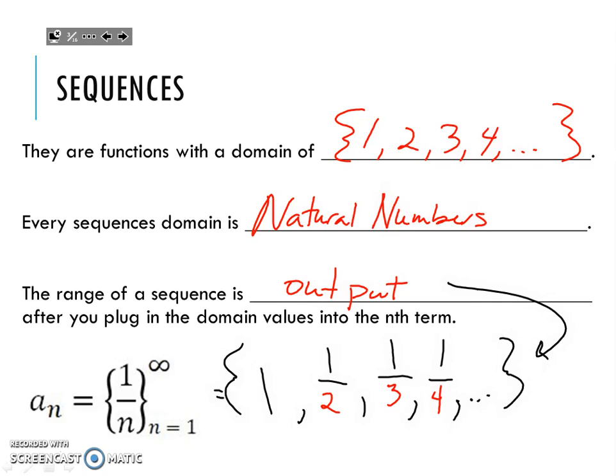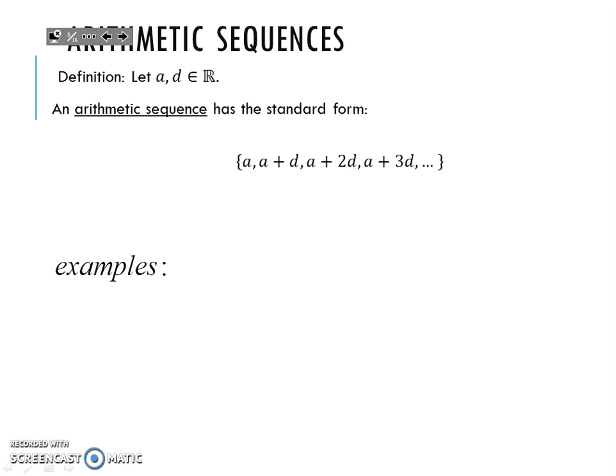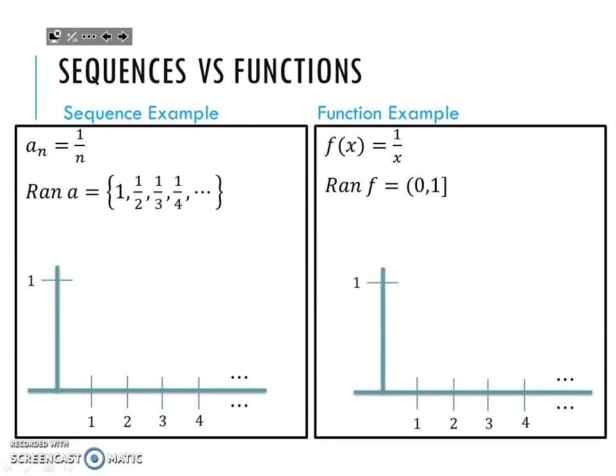So what you should notice about sequences is their x values are specific numbers, their range values are specific numbers. So it's only going to be points when you're dealing with these. Again, looking at the exact same function, this was what we plugged in. Our domain is always 1, 2, 3, 4. So what we get is specific points.